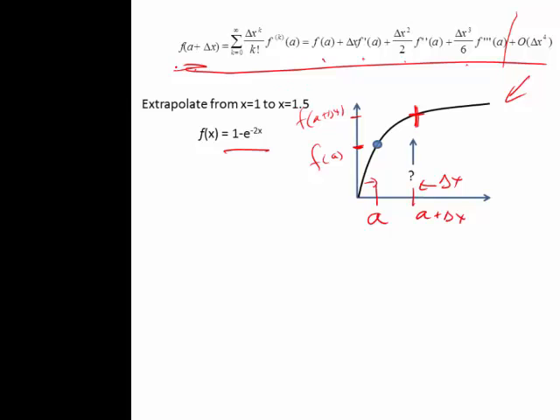Okay, so that's the value here on the left hand side, and on the right hand side we have f evaluated at a, the first derivative at a, second derivative at a, and so on.